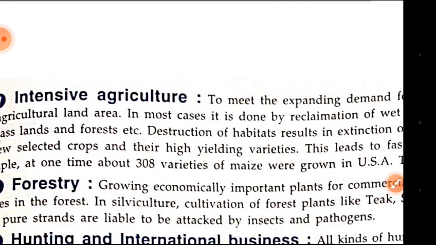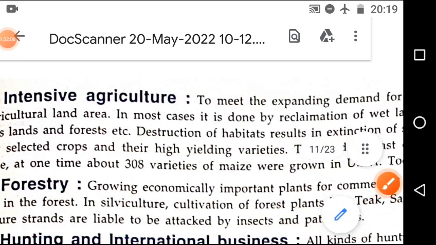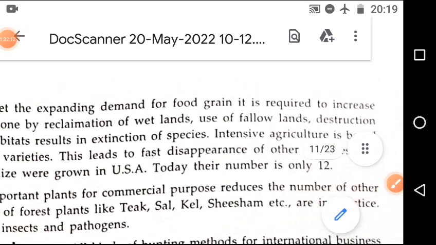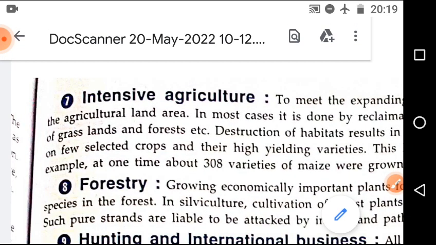See from here, to meet the expanding demands for food grain, it is required to increase the agricultural land area. Now our world population is growing, and to feed that world population we need more crops to grow, and for this we need more land.